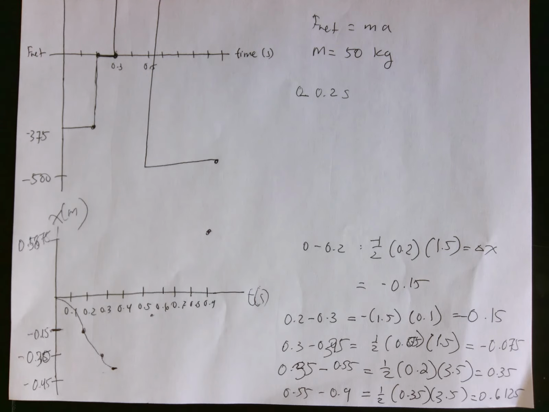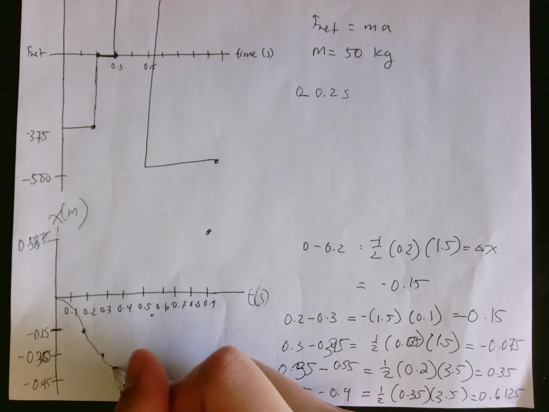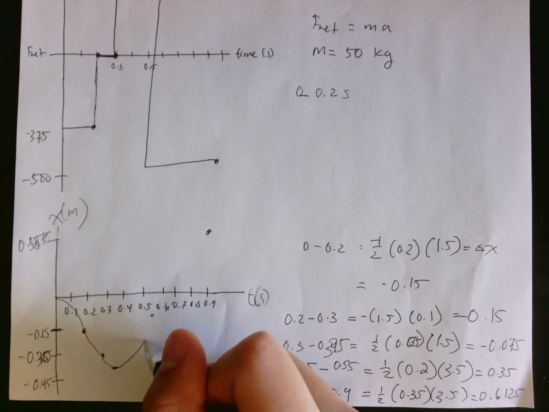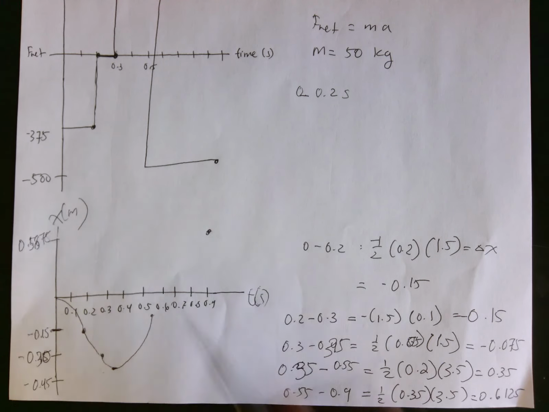And then from 0.35 to 0.55, she has a linear velocity that is positive, and the velocity gets faster throughout the period, so we see the delta x becomes steeper.